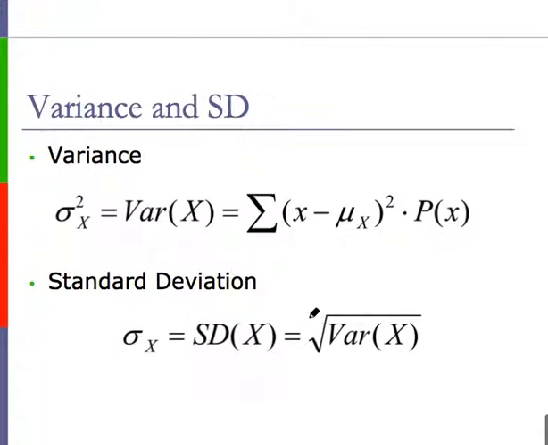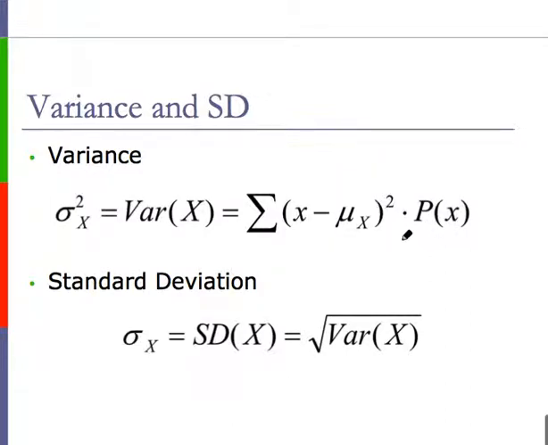You may not remember that from a while ago, so here are just the formulas, and I will give you a formula sheet. You need to write this in your notes, and probably at the end of this unit I will give a formula sheet, and when you're taking a quiz I will write this on the board. But as you do your homework, you need to have this in front of you. To find the variance, sometimes you'll see it written this way: it's the sum of the differences between every x value and the expected mean, and we square that, and it's times the probability.